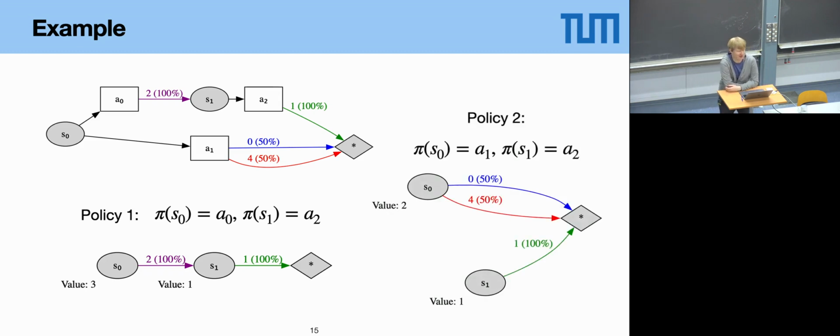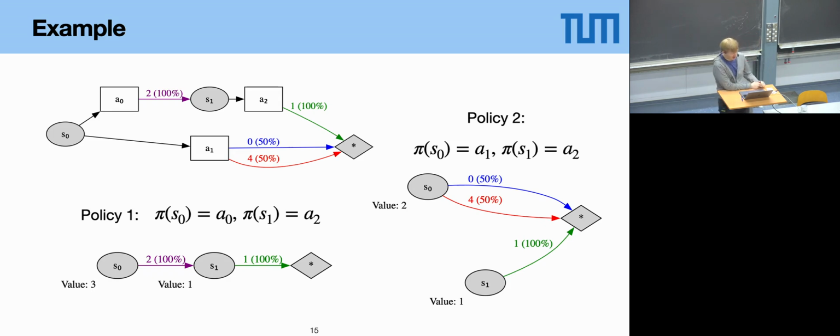And then we could also ask ourselves what the values are for the second policy, when we move along the lower path. Then for S1 it's the same, but for S0 we have a different situation. We have these two rewards: 50% of the time we observe a reward of 0, 50% of the time a reward of 4, and in expectation that's a reward of 2, so the value of S0 is 2.